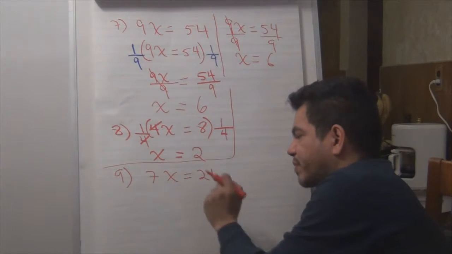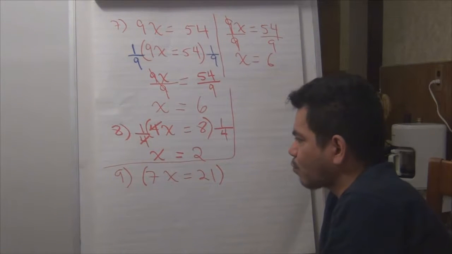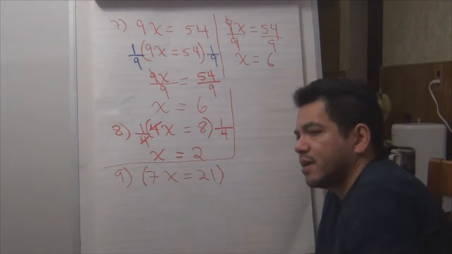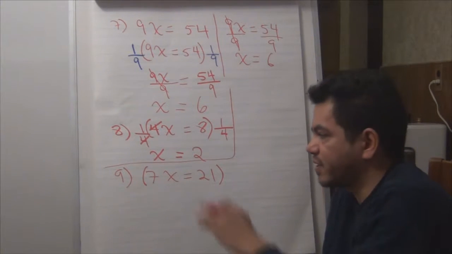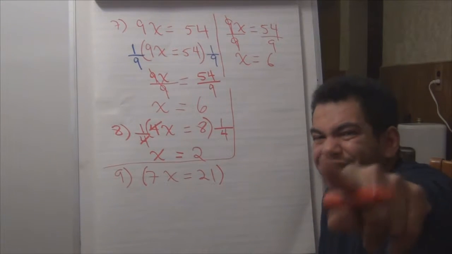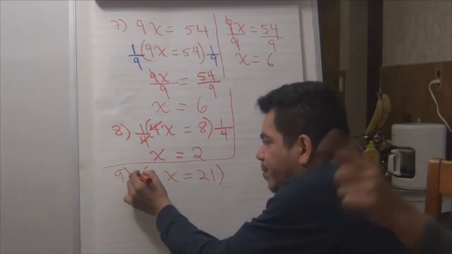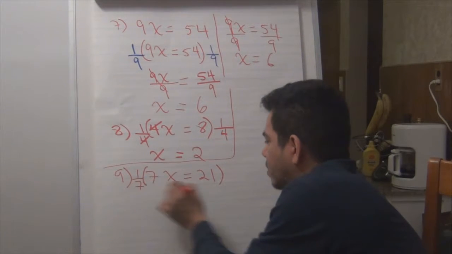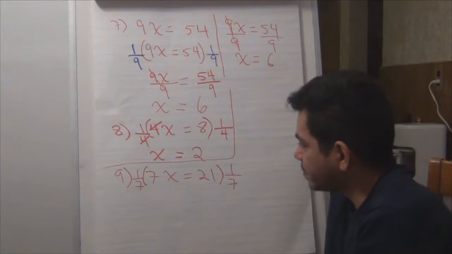So 7 is multiplying x, so I'm going to use the multiplicative inverse of 7. What is the reciprocal of 7? Well, what is the reciprocal of 7 over 1? Oh, 1 over 7! So we're going to multiply by 1 over 7 on both sides of the equation, right?